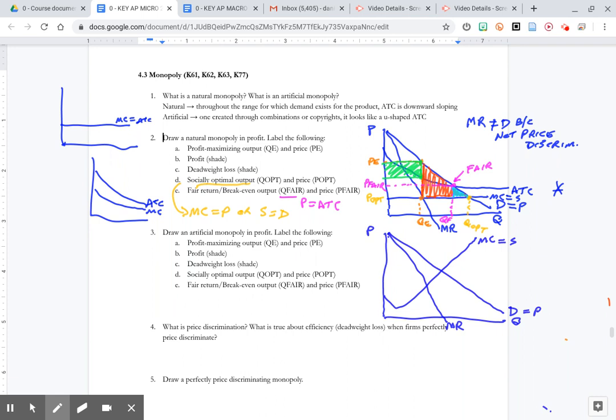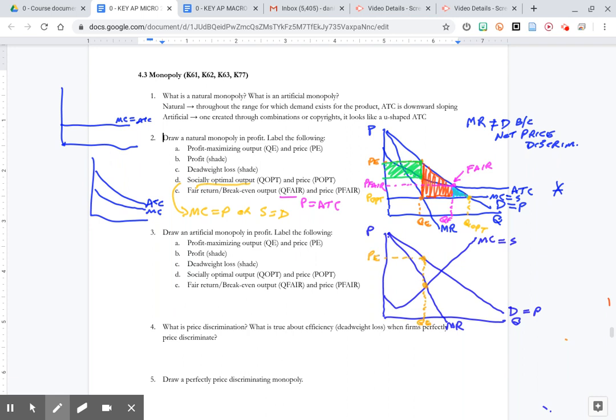So before we get into all of that, let's identify the profit maximizing quantity of output and price. And that would be, let me switch back. I'm going to try to stay consistent here with these colors. So we'll see. MR equals MC, we find here, and we go down, QE, and then we come back up, and that's the price, PE.